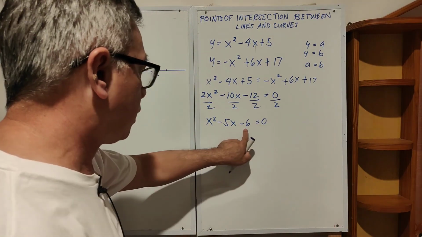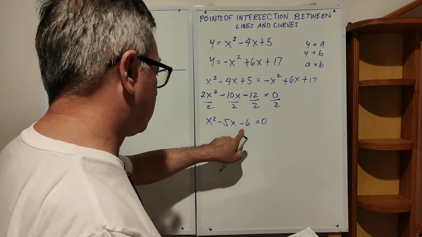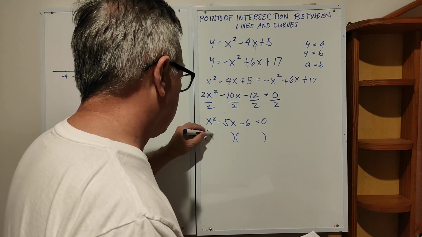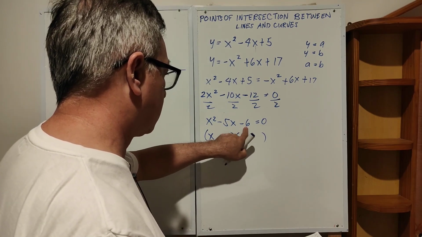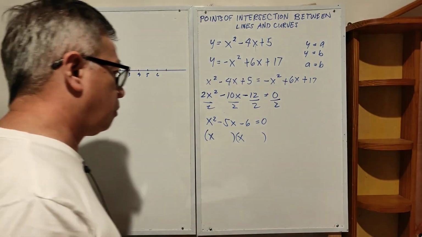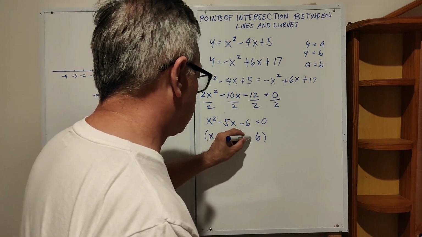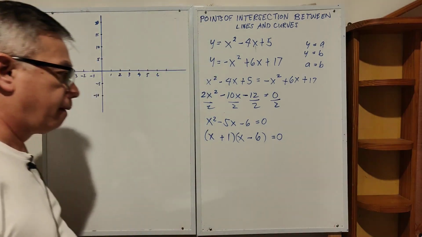Now we can factor this into two binomials. To give negative 6 as a product and negative 5 as a sum, that would be 6 and 1. So negative 6 and positive 1, equal to 0.